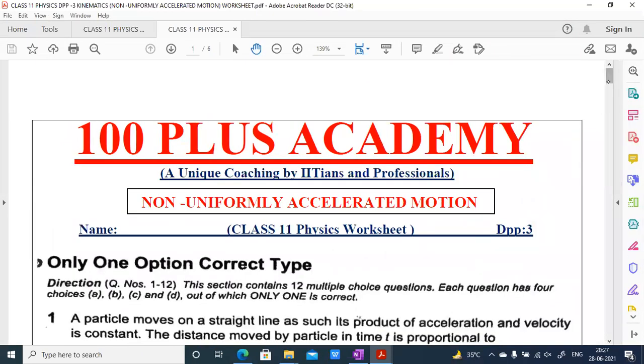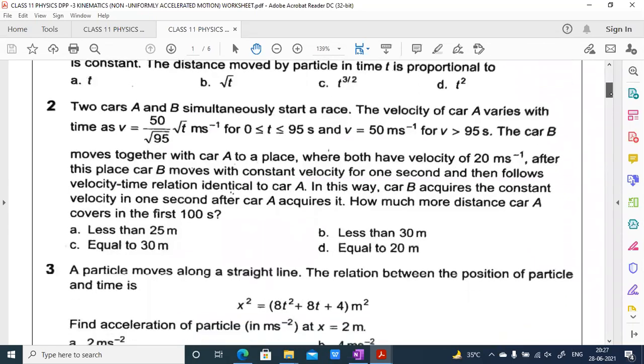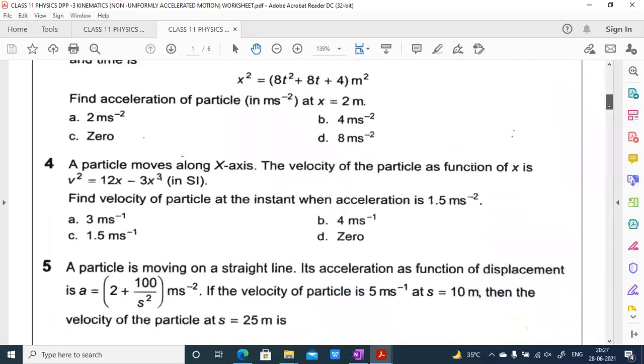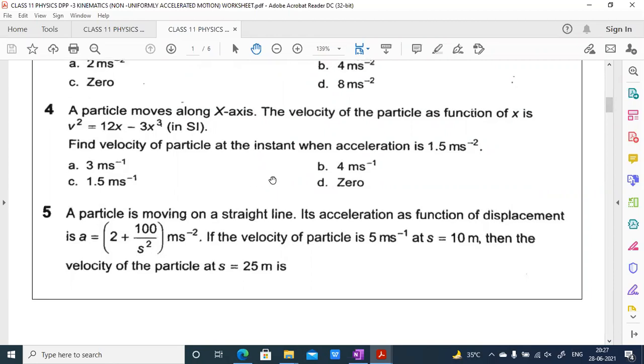We solved this DPP in class. Did we do some questions from here? Yes, sir. Question number 5 किया था हमने? Yes, sir. किया था. Okay. So here like expression is given as position.